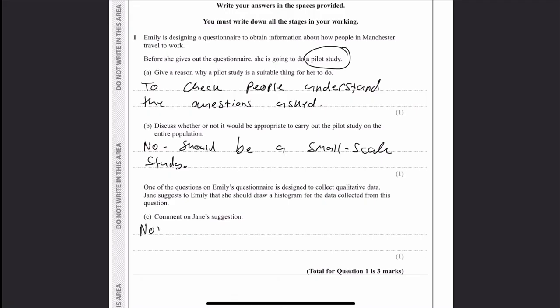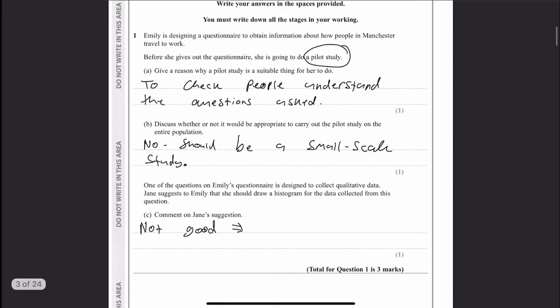Not a good suggestion, because a histogram takes into account numerical or quantitative data. So with qualitative data, it would be impossible to draw a histogram. So you can say histograms are for quantitative data.